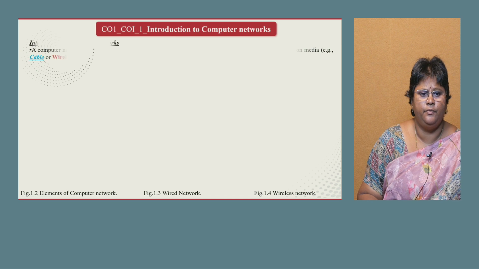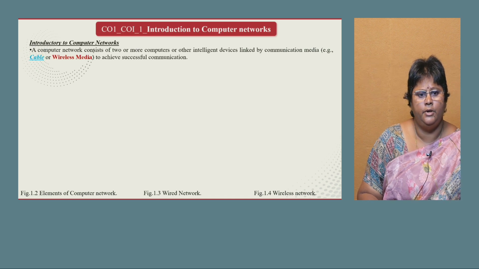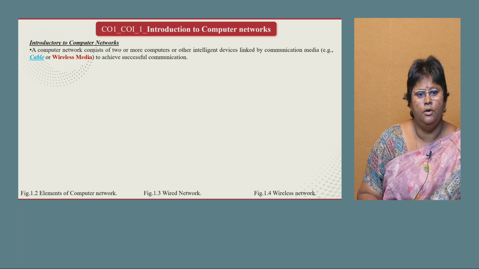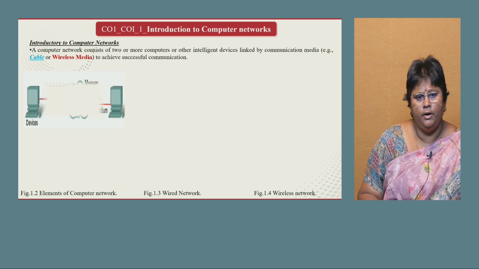The basic definition is: a computer network consists of 2 or more computers or other intelligent devices linked by communication media such as cable, called wired media, or wireless media, to achieve successful communication.